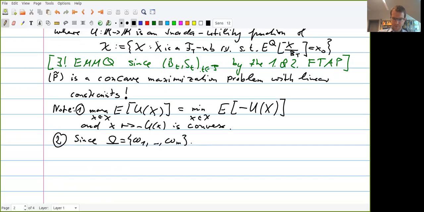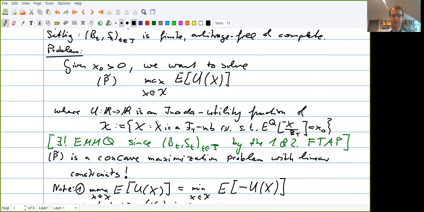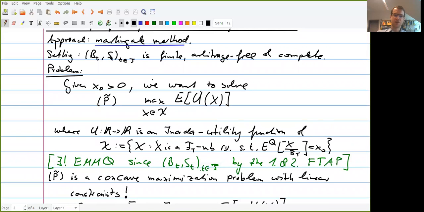So we can identify random variables with vectors in Rm, so with values in Rm. Okay, so these are the two observations we want to use in order to apply the theory about convex minimization to this auxiliary problem, which is actually a probabilistic problem because we want to maximize here over random variables.